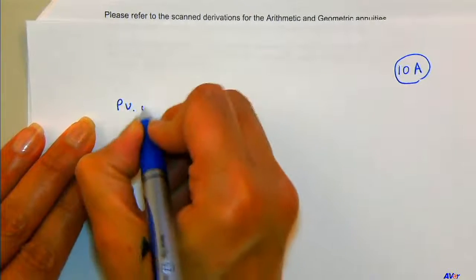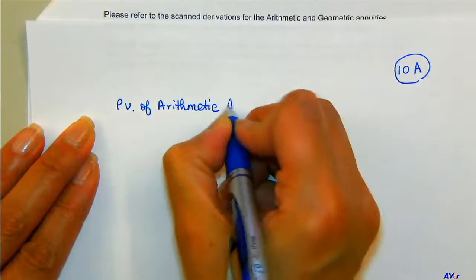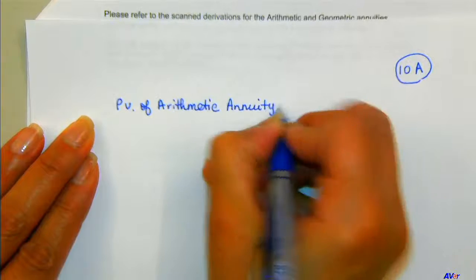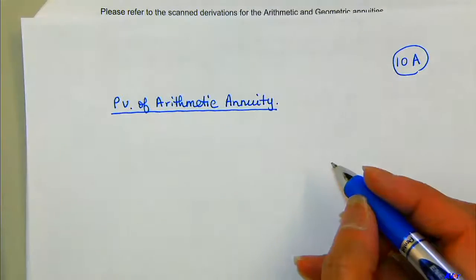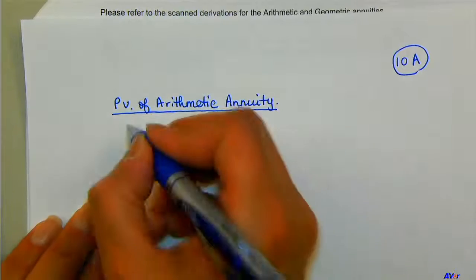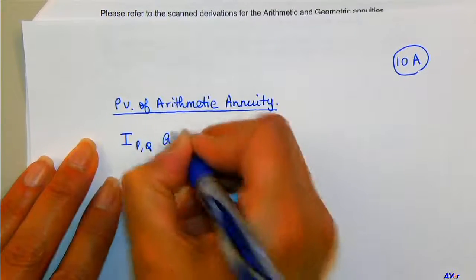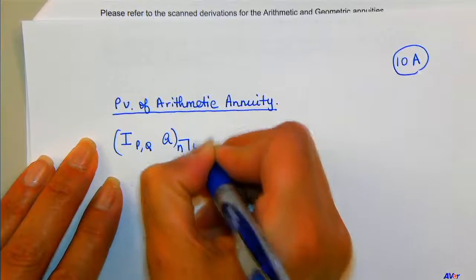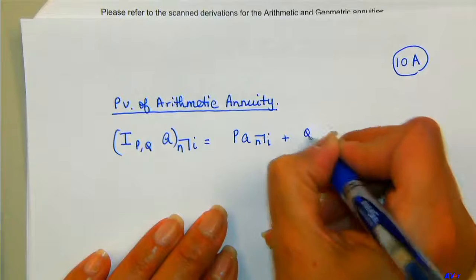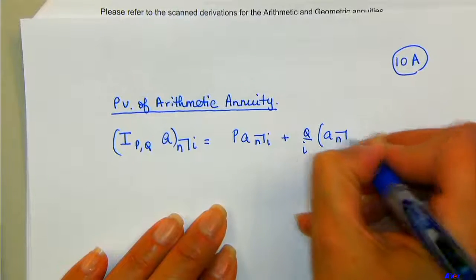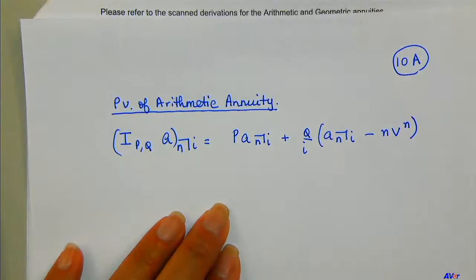Present value of arithmetic annuity. And this is on that page that I posted up, but let's just cut to the chase here. Present value of the arithmetic annuity (Ia)_{P,Q} angle n, i, is equal to P a angle n, i, plus Q over i times (a angle n, i minus n v^n). Yes, you're going to memorize this.